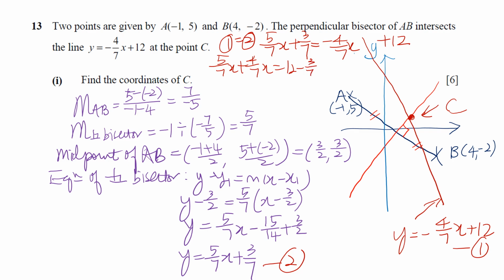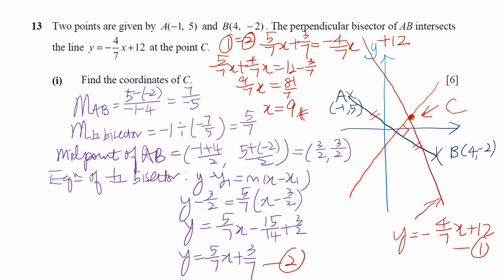That will give you 9 over 7x equals 12 minus 3 over 7, which is 81 over 7. So x will be 81 over 7 divided by 9 over 7. It gives you 9.